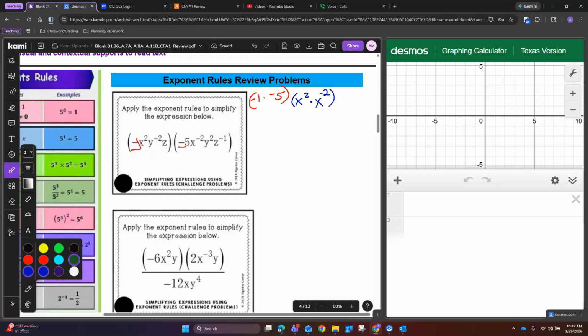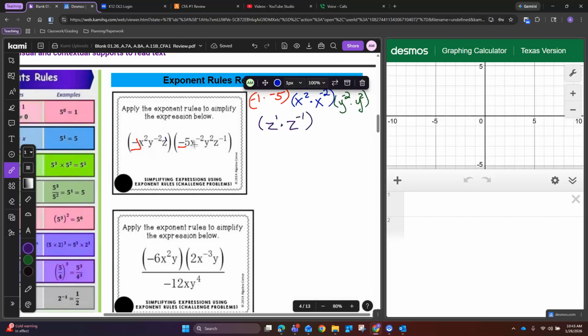Perfect. All right. And then from there, we have y to the -2 times y squared. And then we have, let's go with z. This is z to the first because there's no exponent. And times z to the -1.